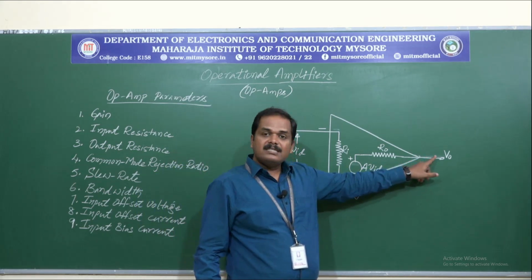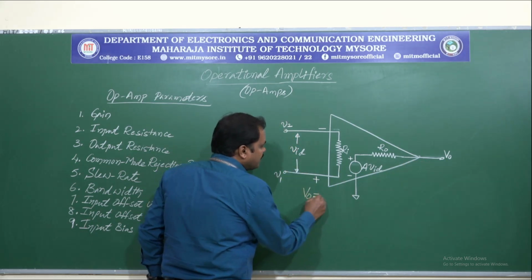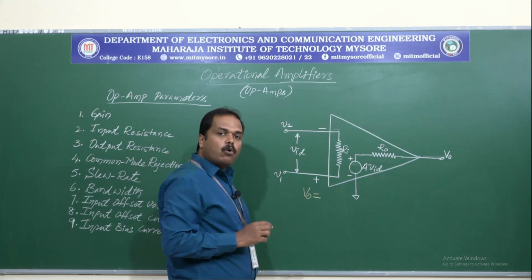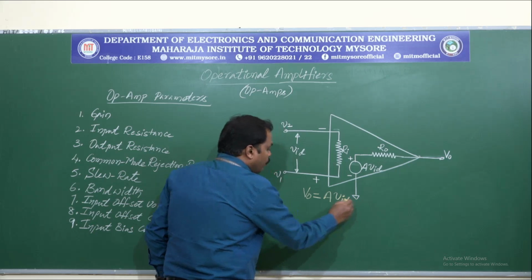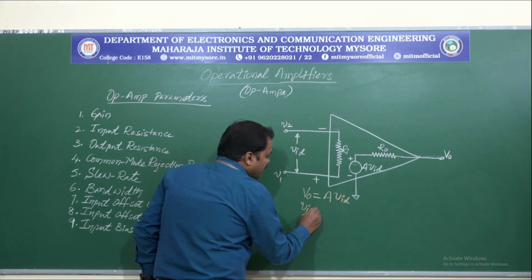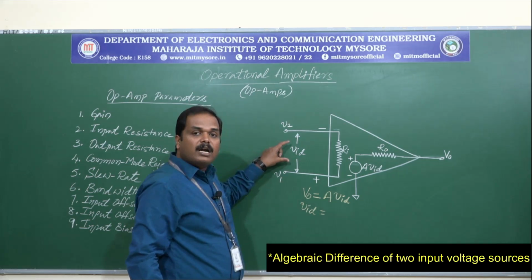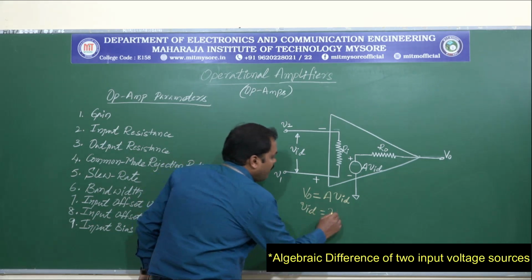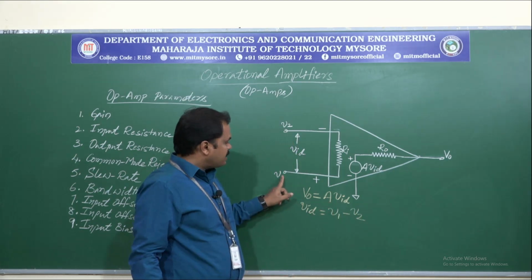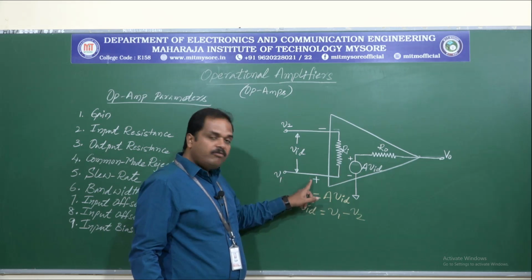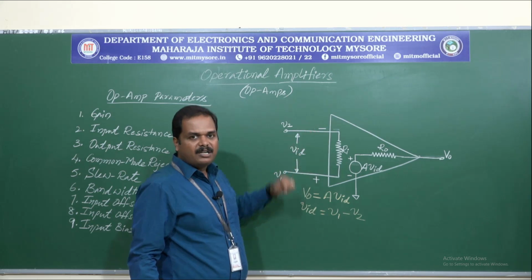Here V naught is the output voltage, and the output voltage V naught is given by this Thevenin's voltage source, that is A into VID, where VID is given by the algebraic sum of the input voltage sources, that is V1 minus V2, where V1 is the voltage applied at the non-inverting terminal and V2 is the voltage applied at the inverting terminal.